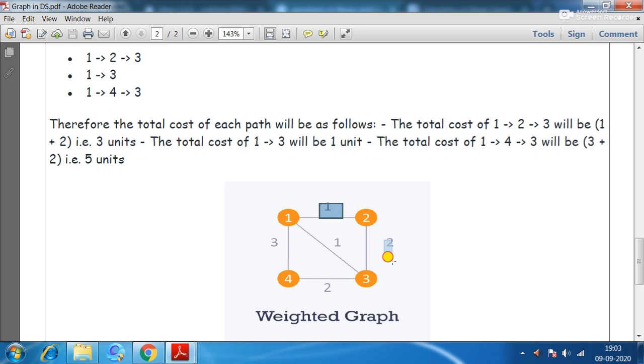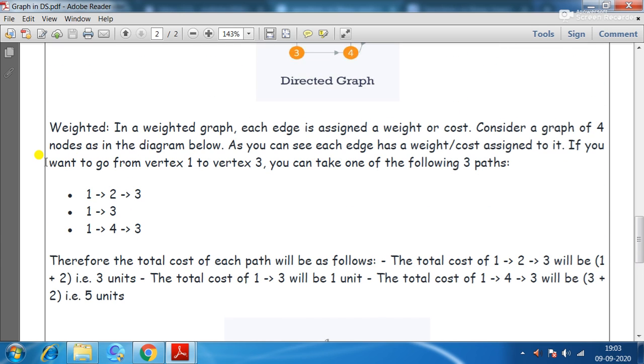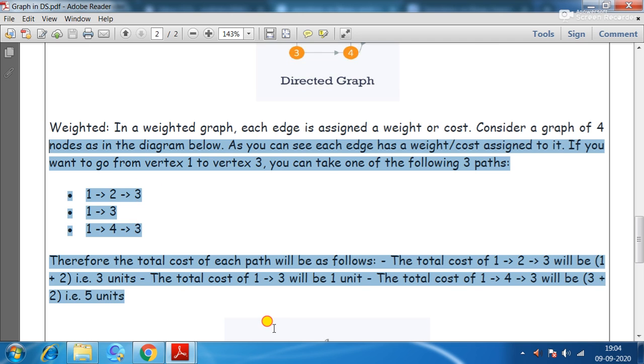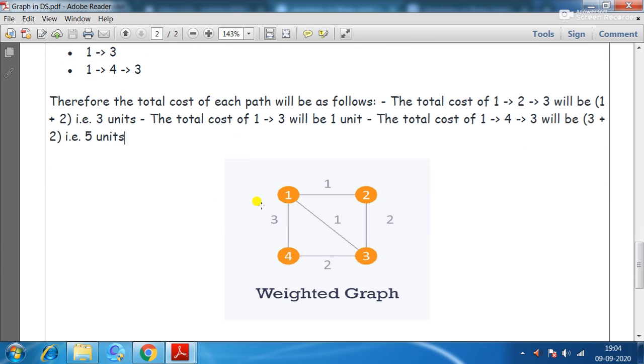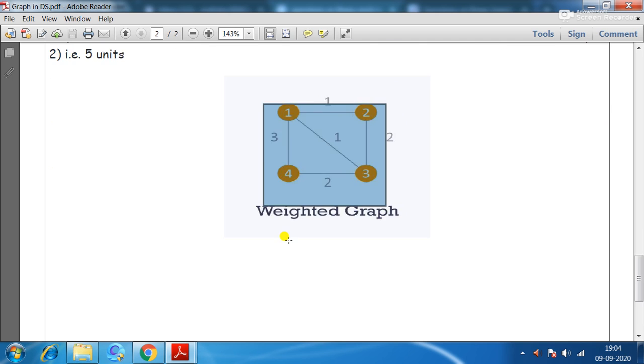For 2 3 the value assigned is 2, for 1 4 the value assigned is 3, and for 4 3 the value assigned is 2. So in this way certain values are assigned to the edges of the graph. That assigned value may be a weight or cost, and that particular graph is called a weighted graph.